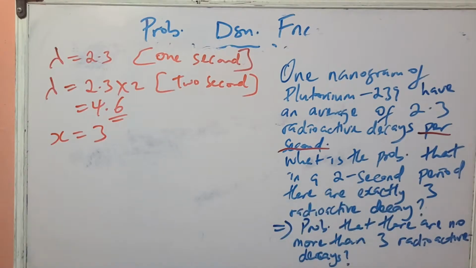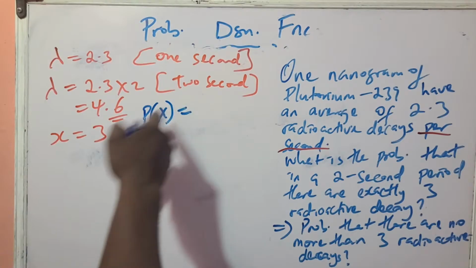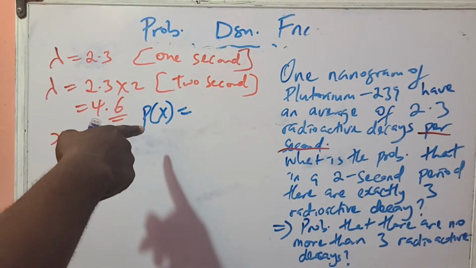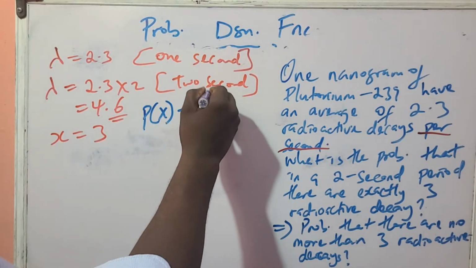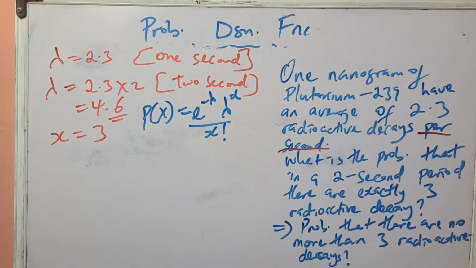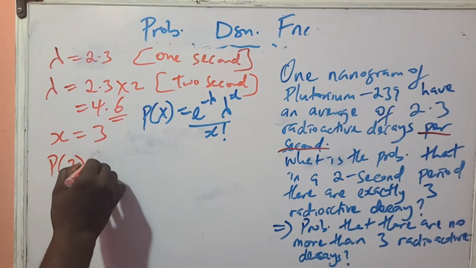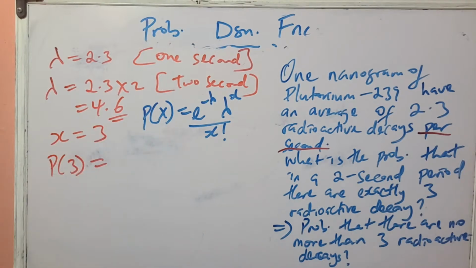So what you have to do, of course, is recollect whatever your PMF is. Probability of x, I'm writing this so that you get conversant with the fact that it can be written this way also, is e raised to the power minus lambda, lambda raised to the power x, over x factorial. So you're trying to work for when x was 3. As much as we can write it as P of x equals 3, we can also write it this way.